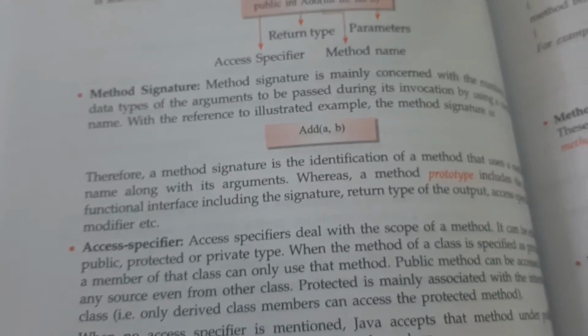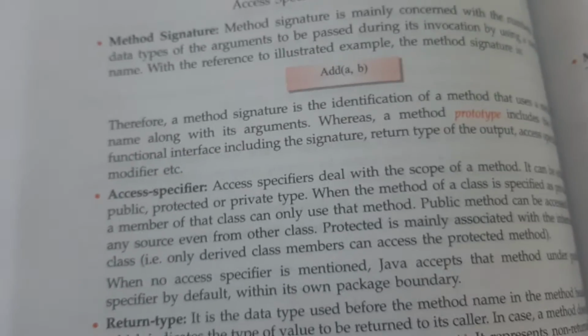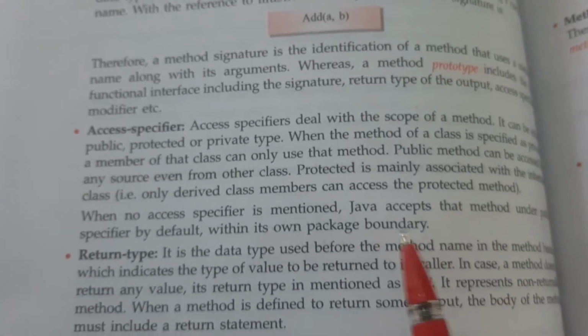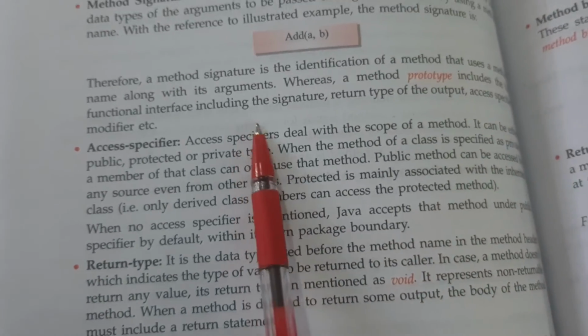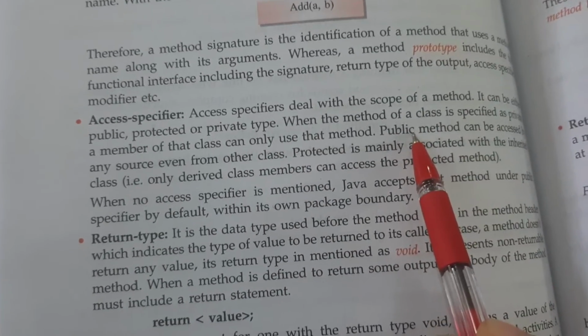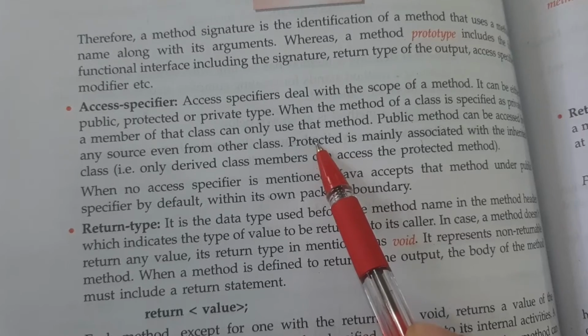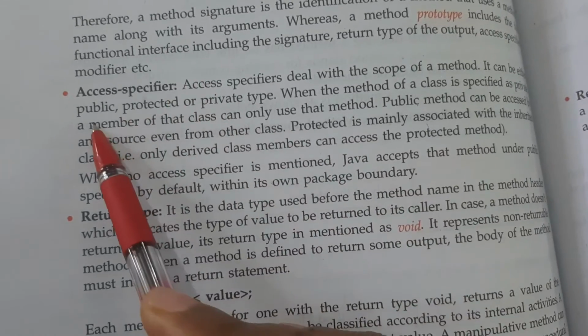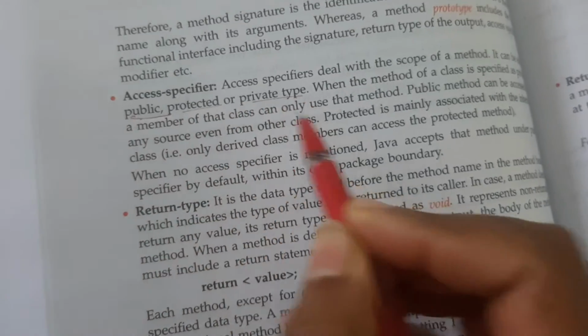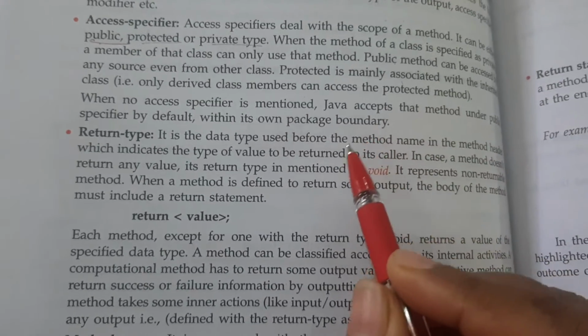Now access specifiers: we have three types of access specifiers, which you have already studied. We have public, then protected, then private.